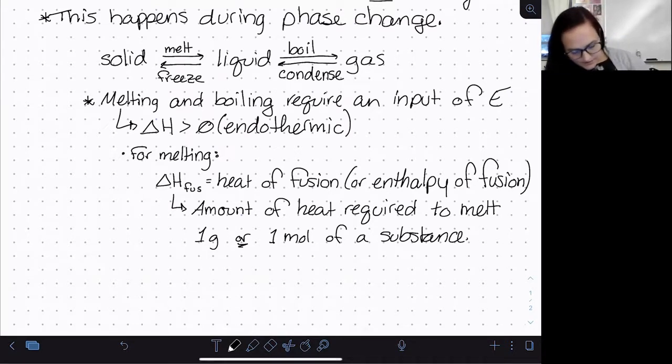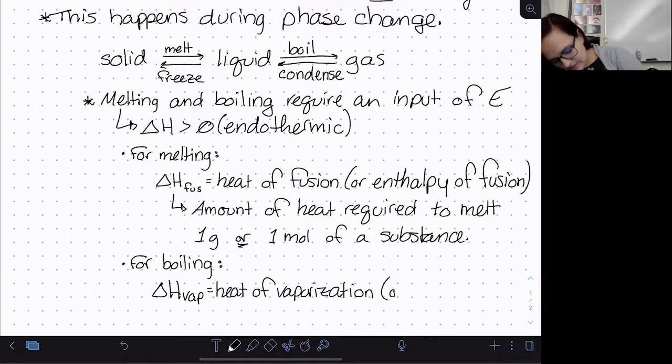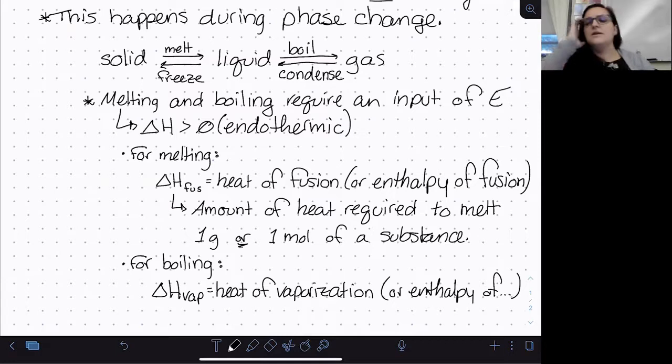For boiling, same idea. We have a delta H known as the heat of vaporization, delta H vap, also sometimes enthalpy of vaporization.